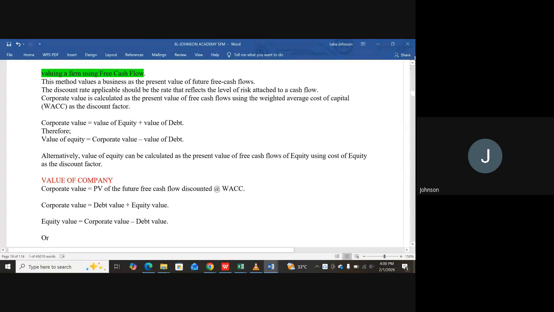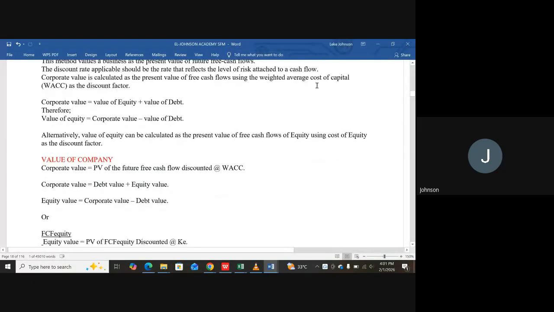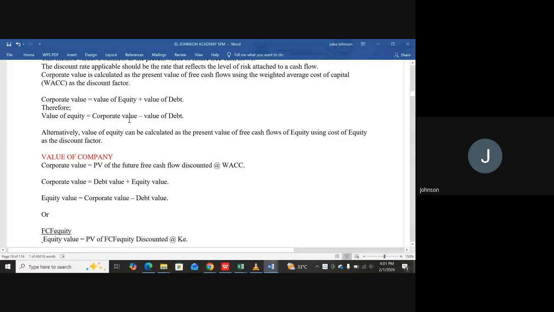So let's now try and solve some questions in this regard to see what needs to be done. We already understand all this. Alternatively, value of equity can be calculated as the present value of free cash flows to equity using the cost of equity.